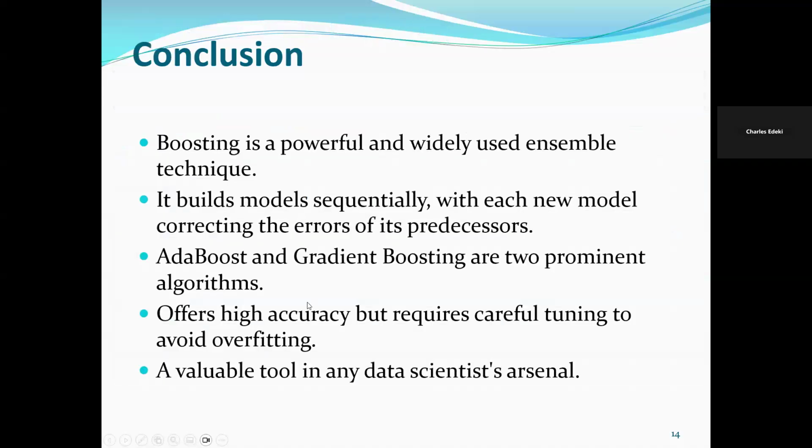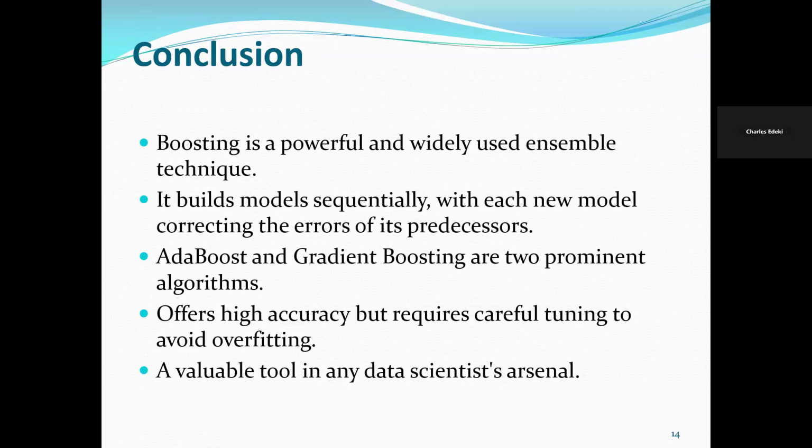Okay, so that's the conclusion we have here. Boosting is powerful, the same as bagging. Whether to choose boosting or bagging may depend on the type of problem you have. Boosting stands as a cornerstone technique in the field of machine learning, renowned for its exceptional predictive accuracy.